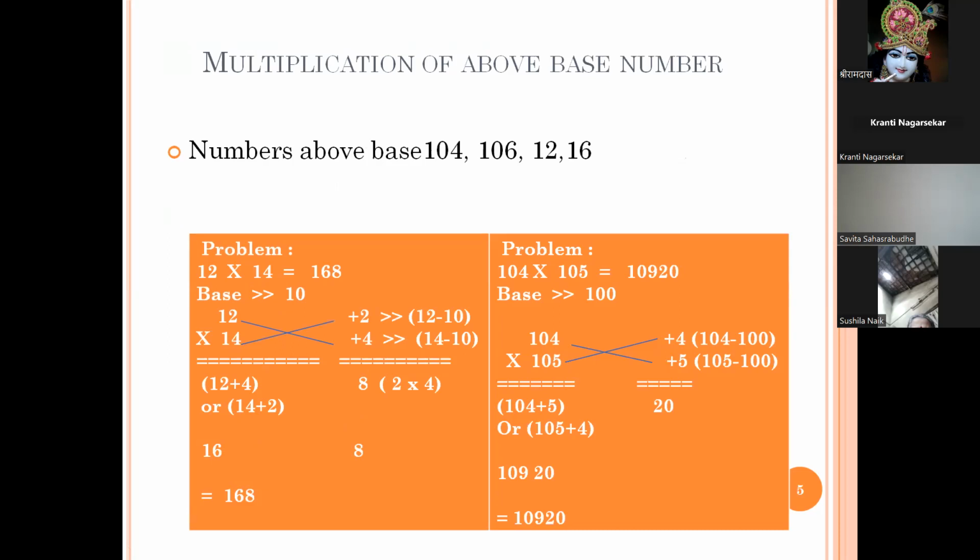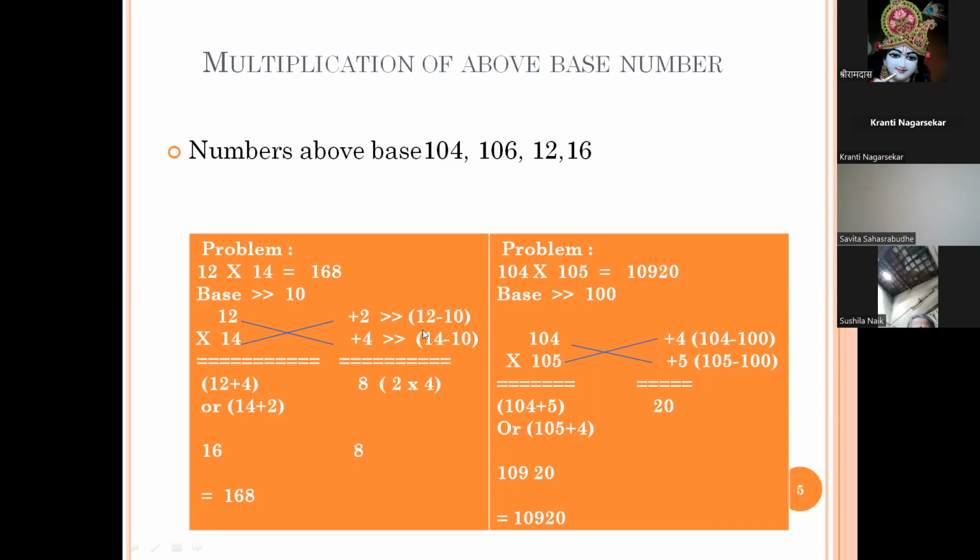Today we are going to see other types of the same problem, where the number is above the base. Say, for example, 12 and 14. We take the base as 10.